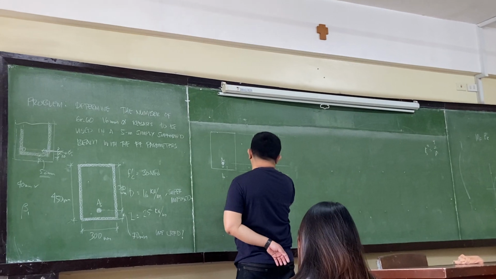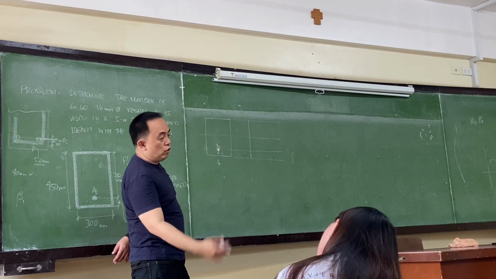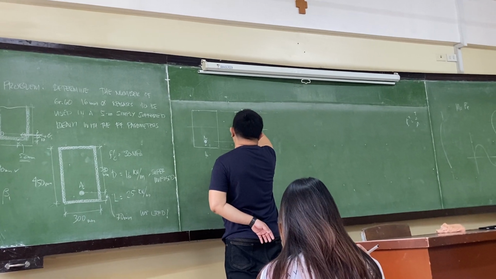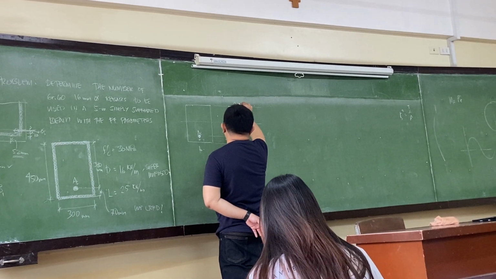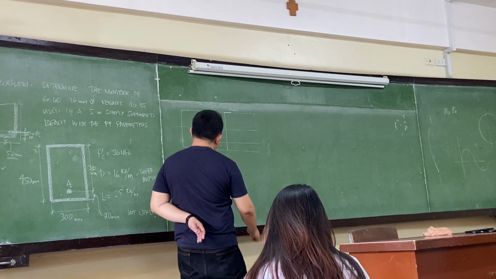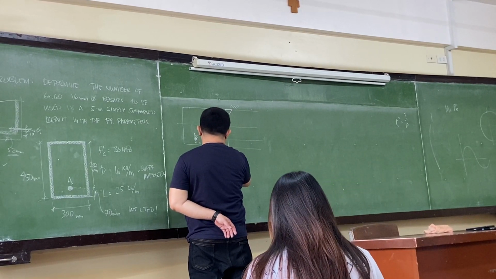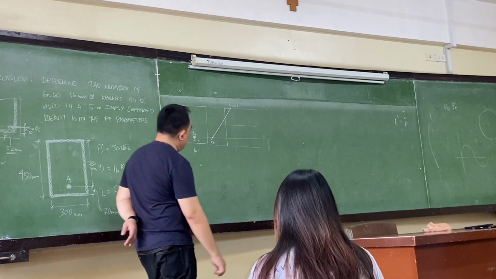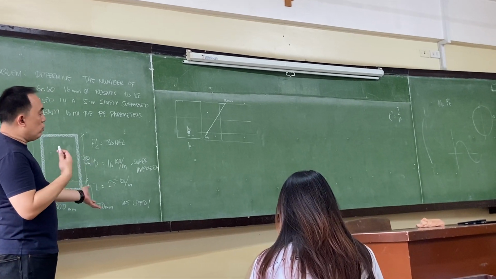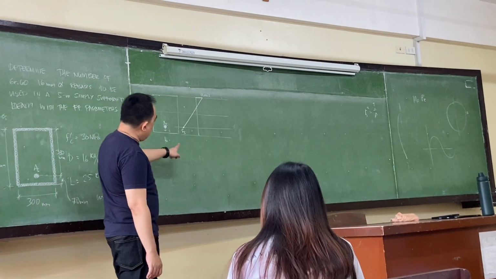For our strain diagram, we already know that the crushing strain of concrete is what? Somewhere here is the strain of your steel, denoted by epsilon t of tension steel. We do not know yet if it has yielded, so let's just leave it.